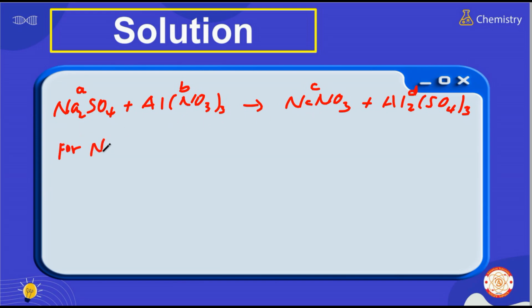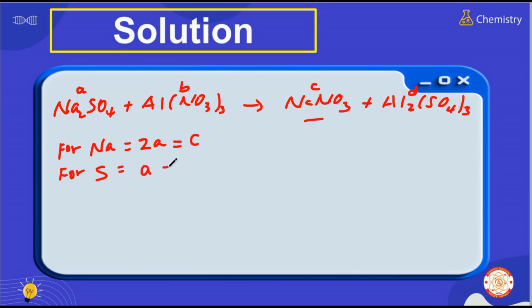For sodium, how many sodium atoms do I have on the right hand side? 2. So 2A equals, and how many do I have here? 1. For sulfur, how many sulfur atoms do I have on the right hand side? 1.